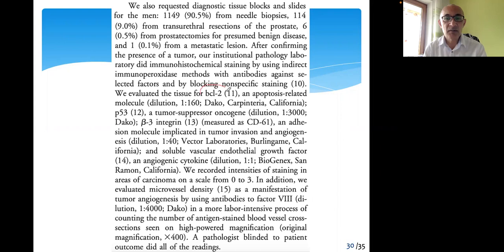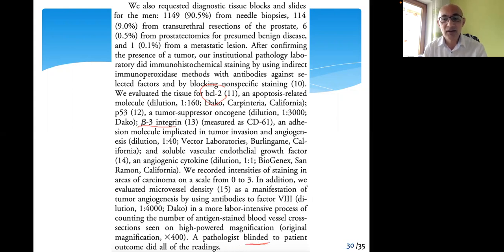Here it is, BCL2. The tissues were evaluated for BCL2 and some other factors. Okay. A pathologist blinded to patient outcome did all of the readings. So again here, blinding, very important.